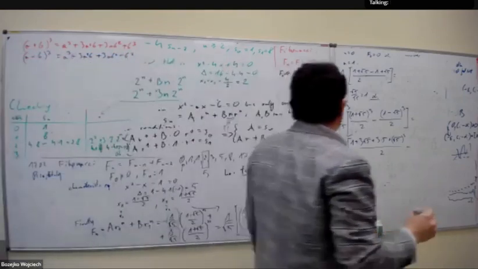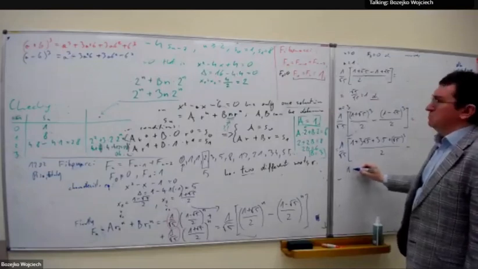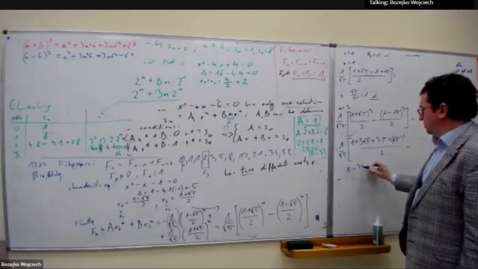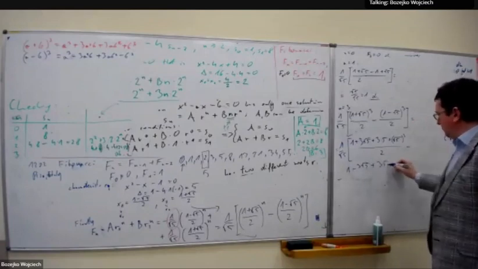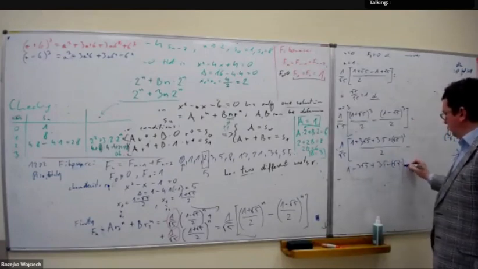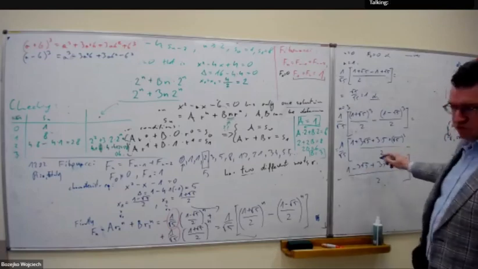Okay, so in such a case, we have 1 minus 3 square root of 5 plus 3 times 5 and minus square root of 5 to the power of 3. This is the same denominator, which means 2.